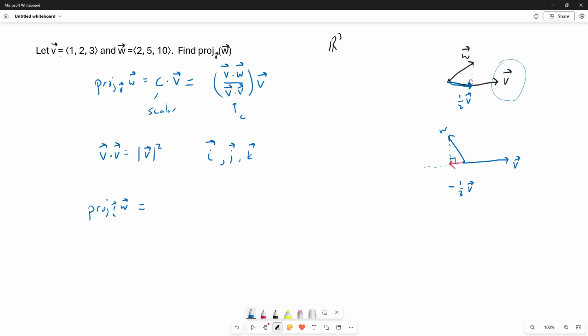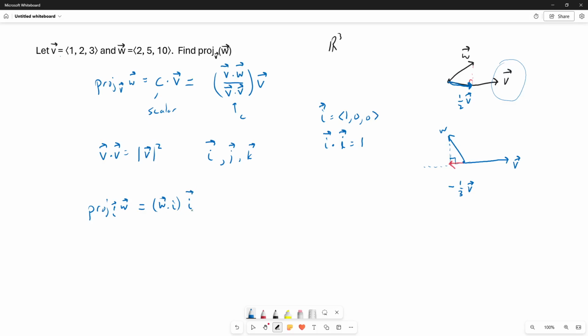So i is 1, 0, 0. So i dotted with itself is going to be 1 times 1 plus 0 times 0 plus 0 times 0, which is 1. So this denominator is going to be 1, and we're just going to get w dot i times i.